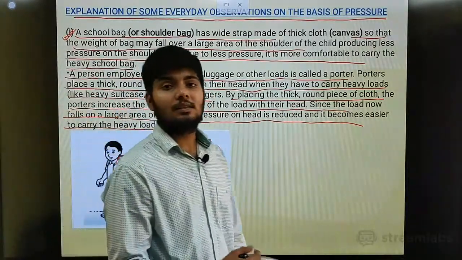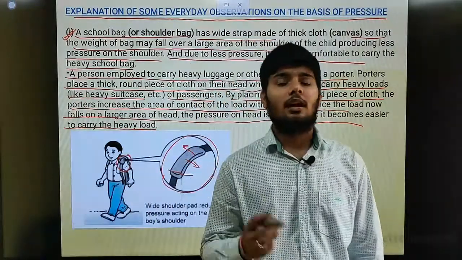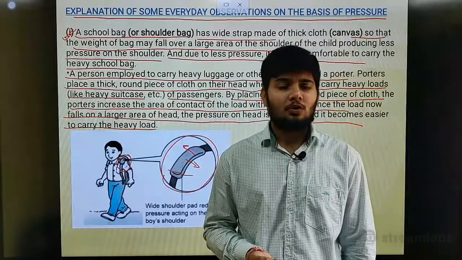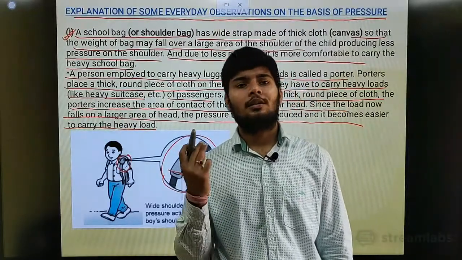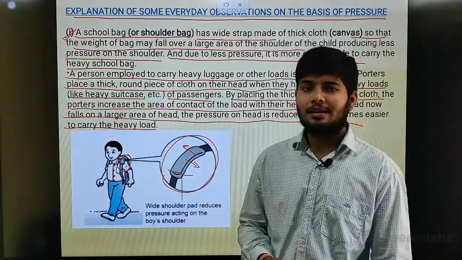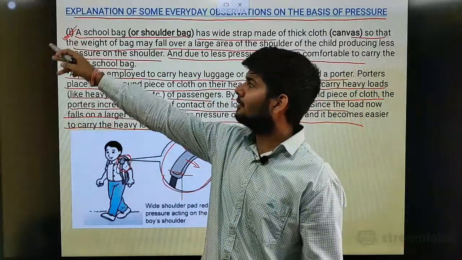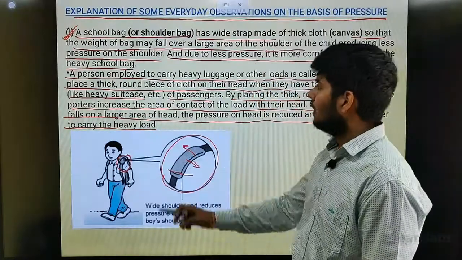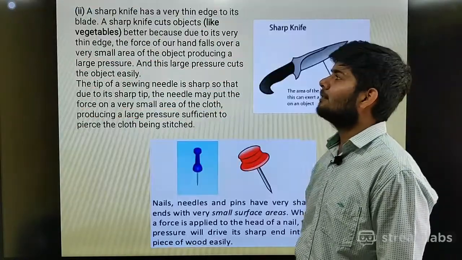So students, this is why the straps of your school bag are wide, to decrease the pressure on your shoulder. This is the first fact related to pressure in your everyday life. Now students, let's move to the second fact.